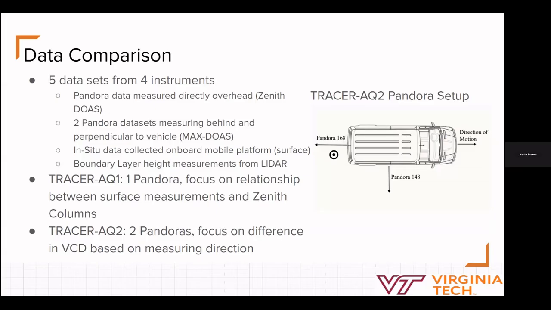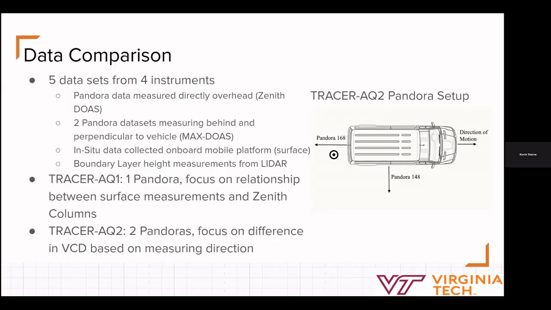And so in order to provide an adequate measure of just how these trace gases are interacting, we brought together data collected from Virginia Tech's Pandora instruments, as well as collaborations from other universities' data sets, to come to really 2 sets of descriptions of how these trace gases are distributed, both vertically and horizontally.